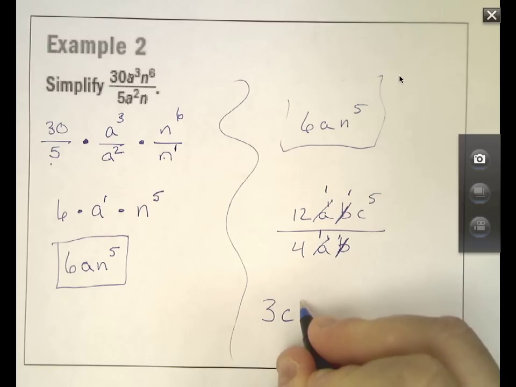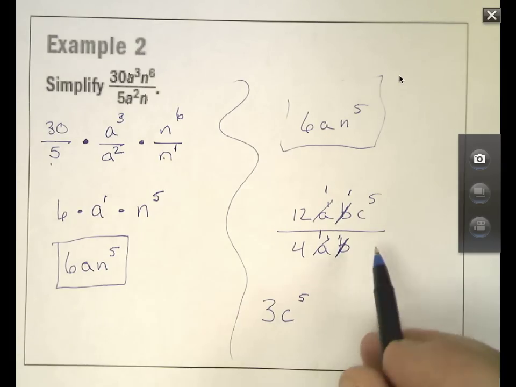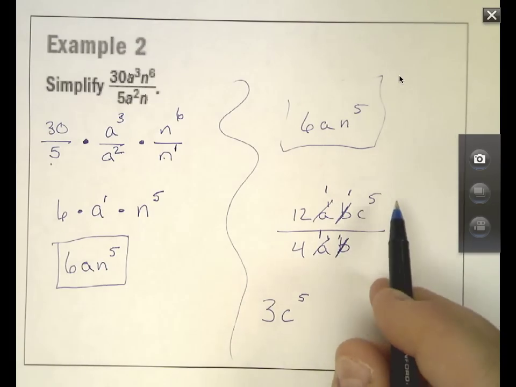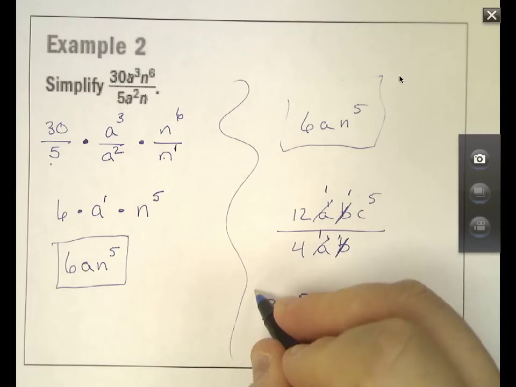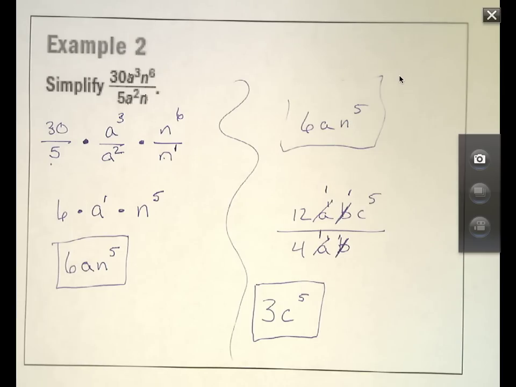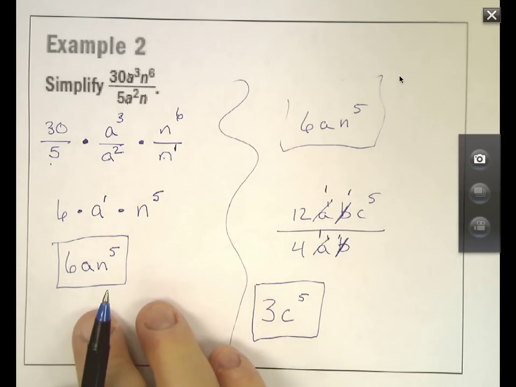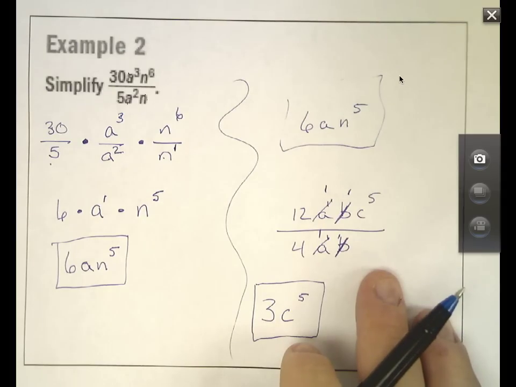Is there anything to do with c to the 5th? Nothing besides bringing it down. c to the 5th is on top, so I need to write c to the 5th also on top. Okay? Just because it doesn't have anything to divide it with doesn't mean you just throw it out.